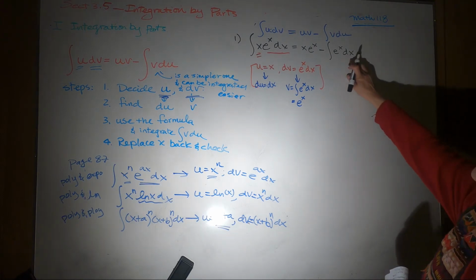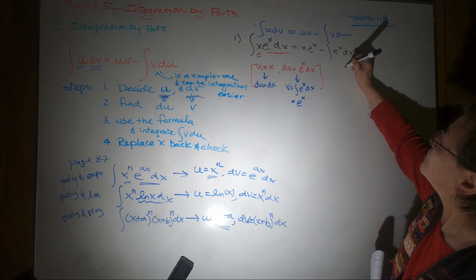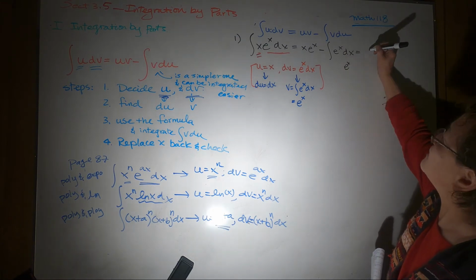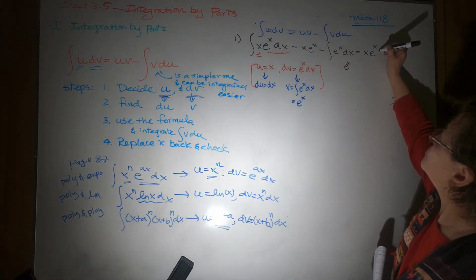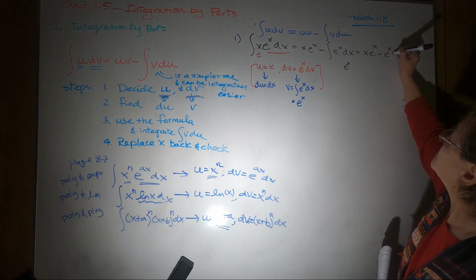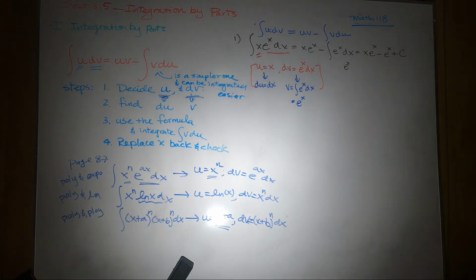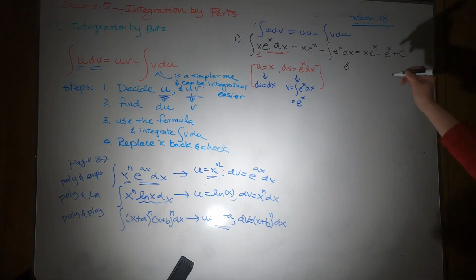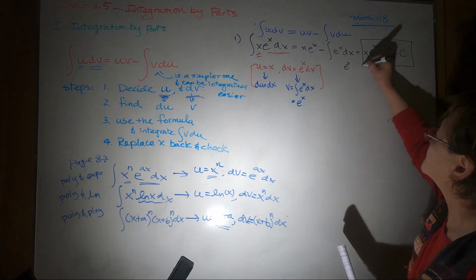So what's the antiderivative of this? That would be e to the x, right? But it's the indefinite integral, so we will minus e to the x plus an arbitrary constant. So that will be your answer.